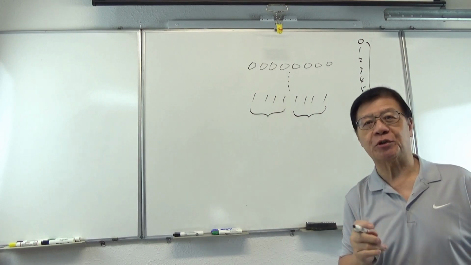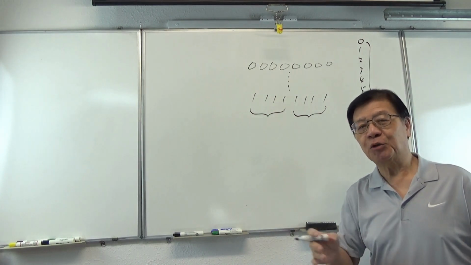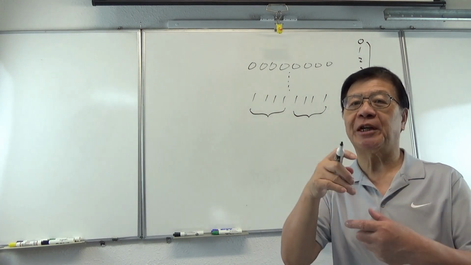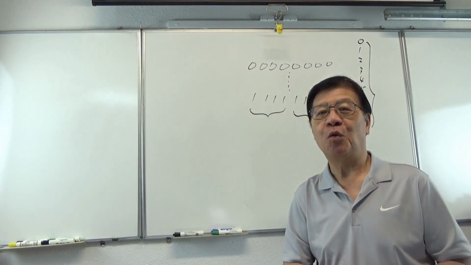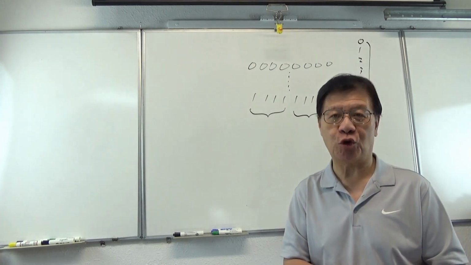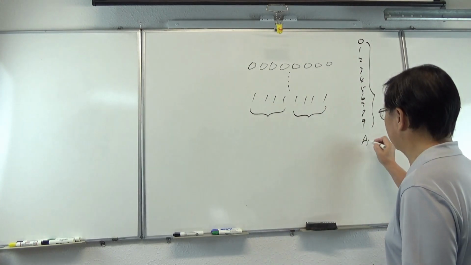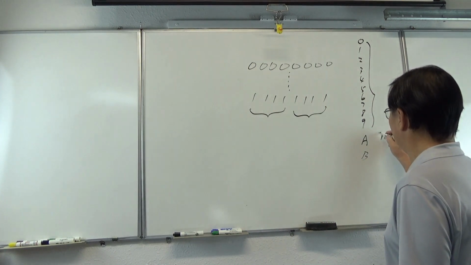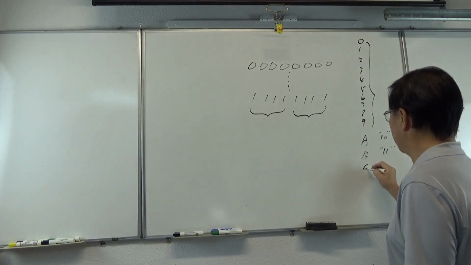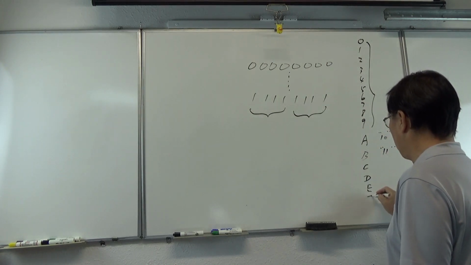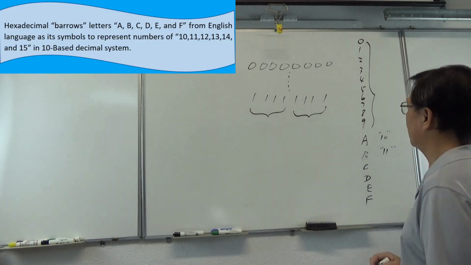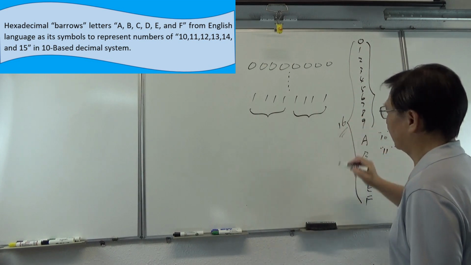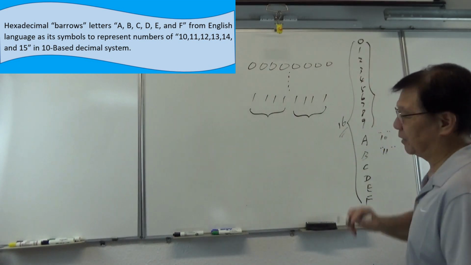But 10 is 2 digits, right? How do we use one single symbol to represent 10? Just like I said, we borrow letters from English. Letter A is 10, B is 11, C, D, E, F. So from 0 up to F, we have 16 symbols, including 0.